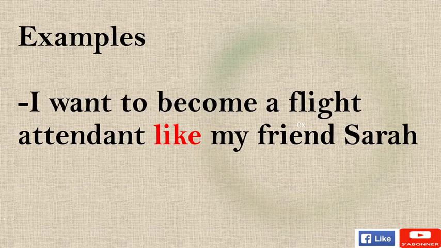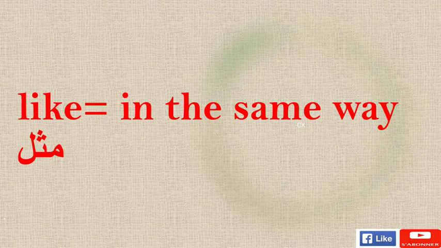So we can say also I want to become a flight attendant like my friend Sarah. So me and Sarah, we share the same dream career, which is to become a flight attendant. عندنا حلم مشترك وهو نكونوا نصيروا مع بعض في المستقبل a flight attendant.